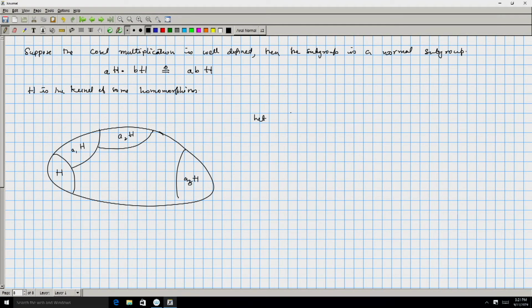So, let C be the collection of cosets. So, C is a set, and each element of C is a coset. And now, what we are assuming is that the coset multiplication is well defined. You can verify that the set C is a group under coset multiplication.